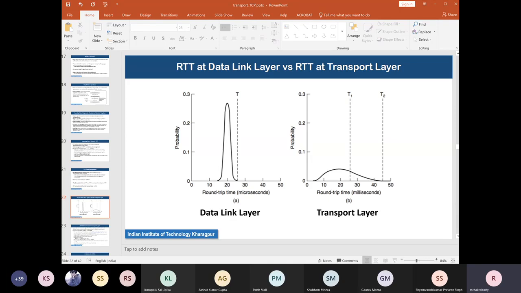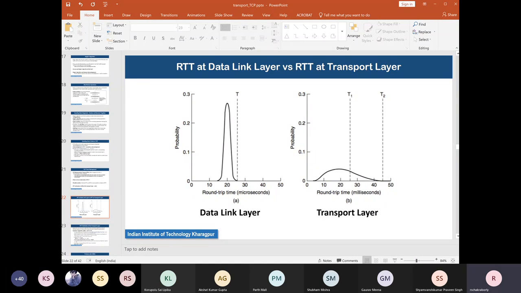If the mean delay from the plot is about 20 microseconds, it is more or less guaranteed that if you move 3 sigma, 3 times the standard deviation, to the left and to the right of the mean value, the delay will remain within that. Okay, delay wouldn't be more than that.